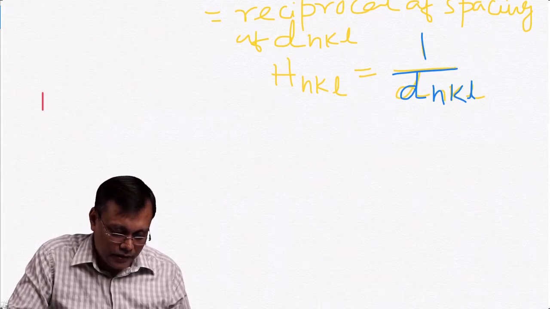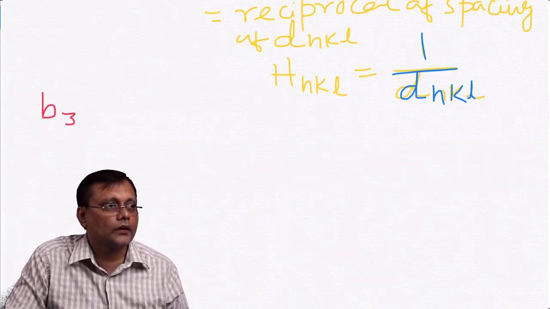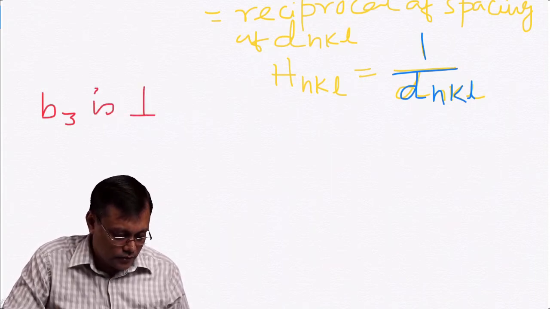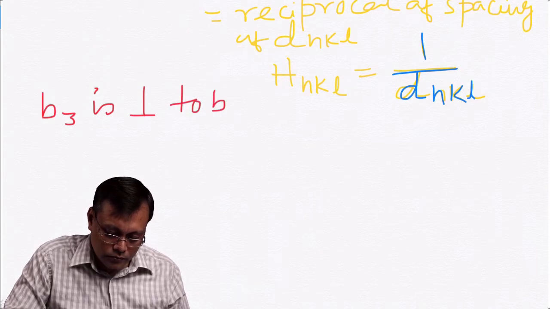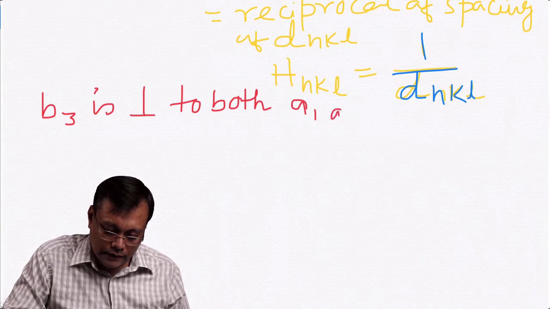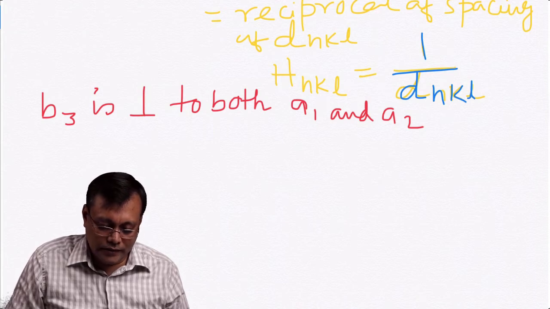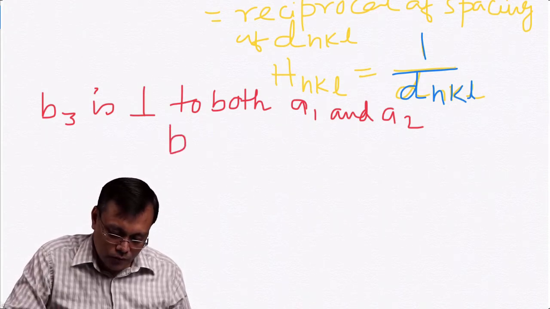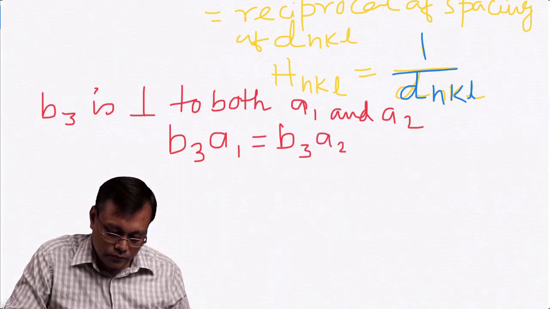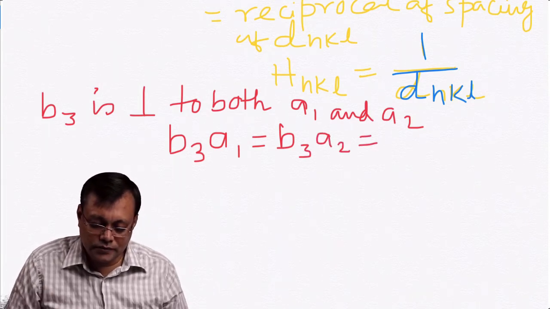That the B3 vector is perpendicular to both A1 and A2. A1 and A2 are in the real space. So B3 into A1 should be equal to B3 into A2.